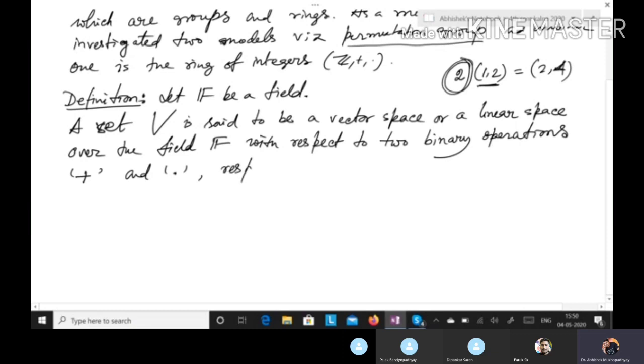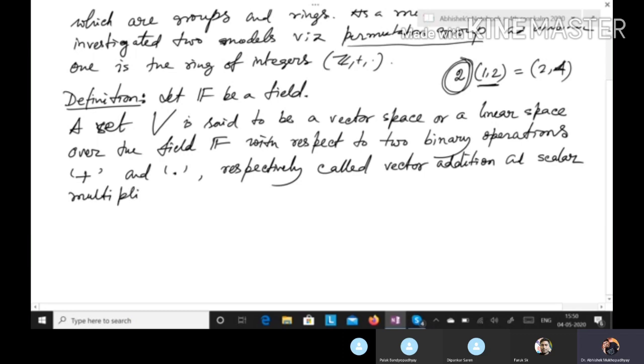Respectively, plus is called vector addition and dot is called scalar multiplication.